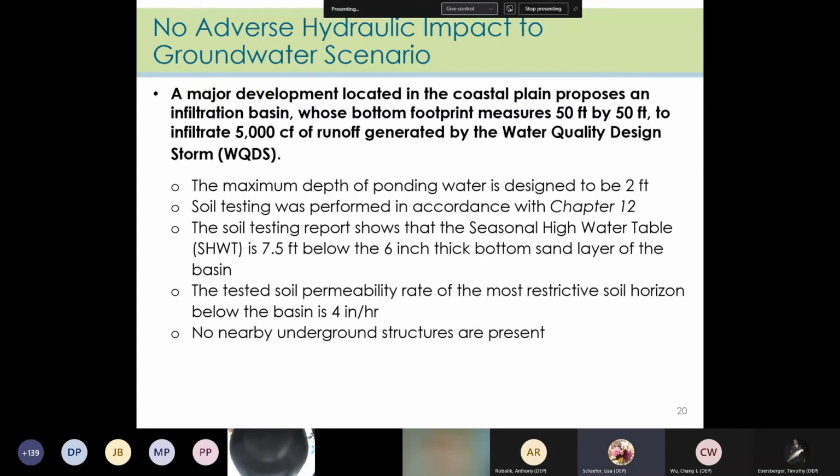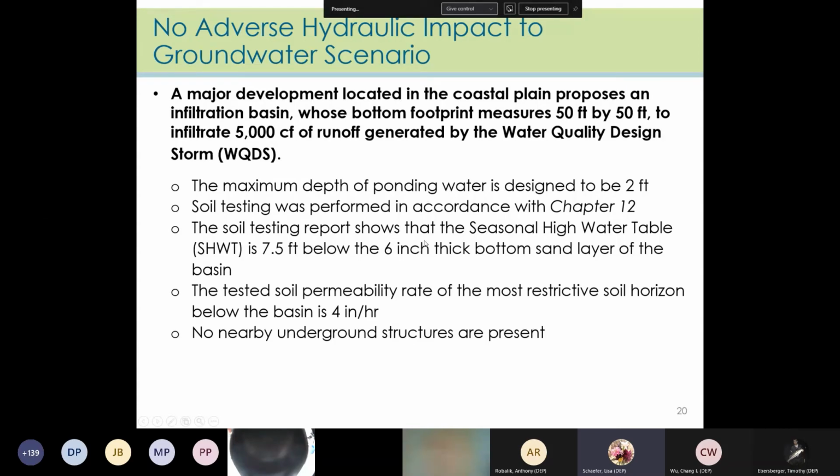So for the first example, a major development is located in the coastal plain, and it proposes an infiltration basin whose bottom footprint measures 50 foot by 50 foot to infiltrate 5,000 cubic feet of runoff generated by the water quality design storm. So we know that for this problem, the maximum depth of ponding water, or runoff, I should say, accumulated is designed to be 2 feet.